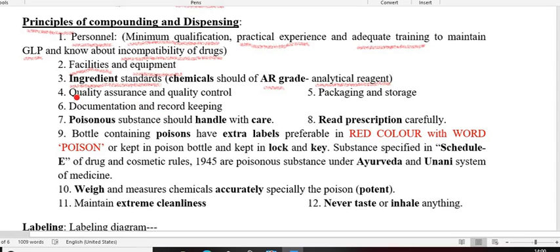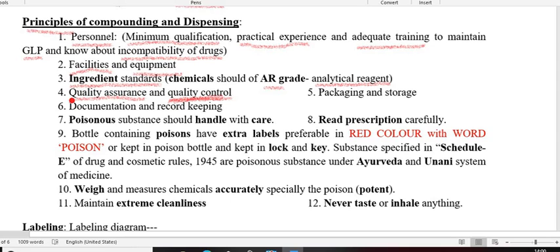Then after the preparation of the pharmacy preparation, it should have good quality. And also you have to control over that. What are the control procedures that are followed there? You have to be cautious about that.